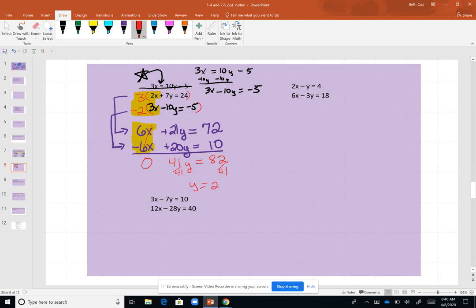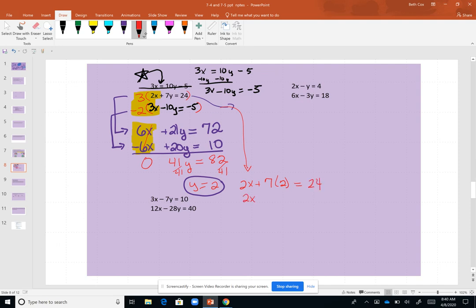Alright, so now I'm going to take that y is 2, that's one of my answers, and plug it back into one of the original equations. I like the second one, so I'll plug it in there. So 2x plus 7 times 2 equals 24.